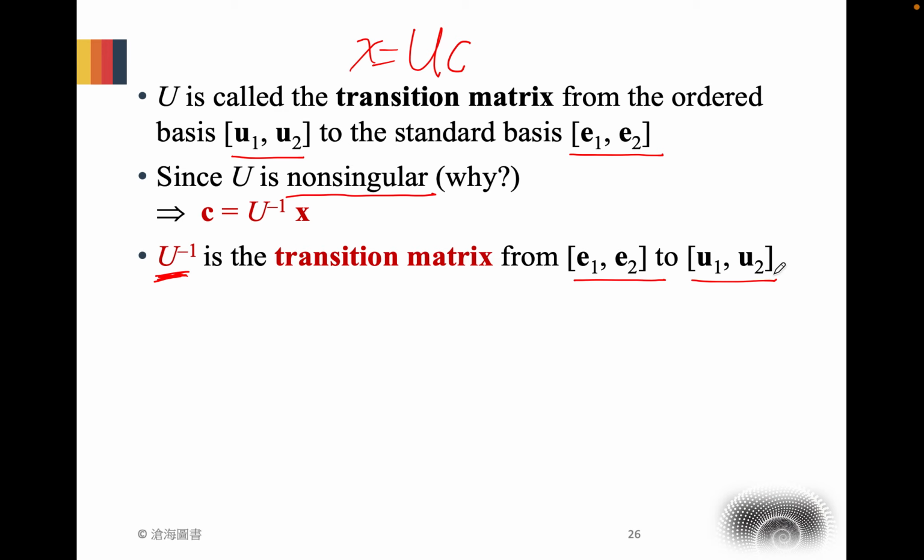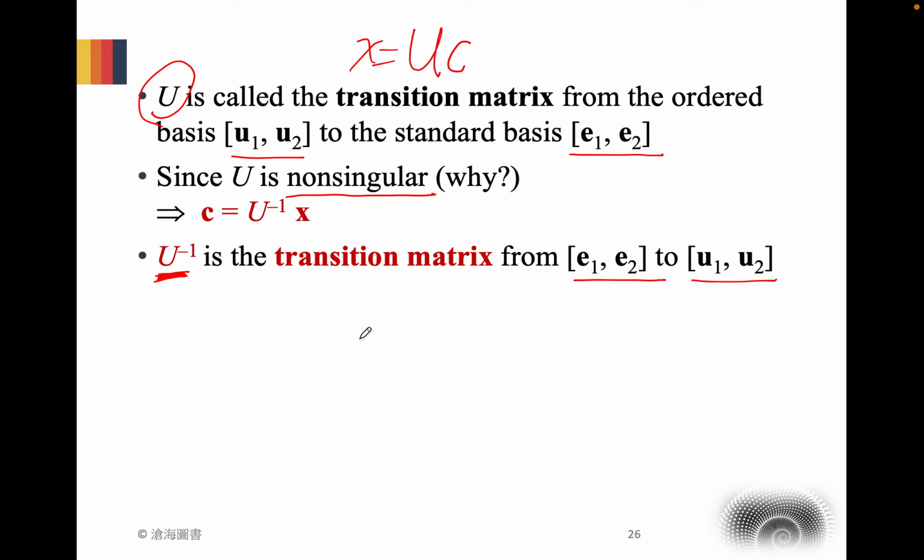So the inverse means the transformation in the opposite direction. Originally, U is the transition matrix for transforming U1, U2 to E1, E2. On the other hand, U inverse is the transition matrix from E1, E2 to U1, U2.